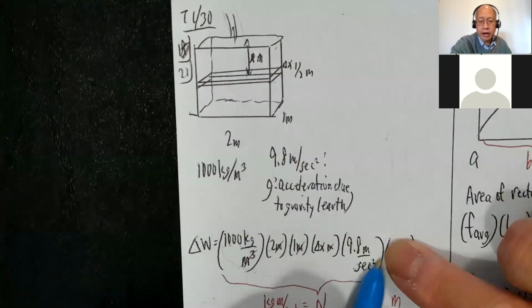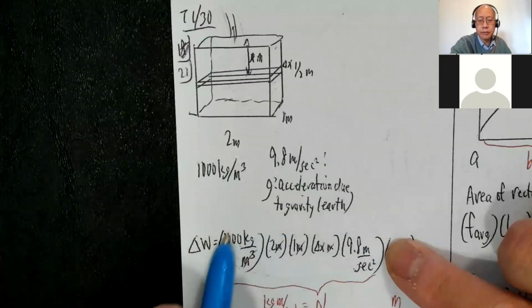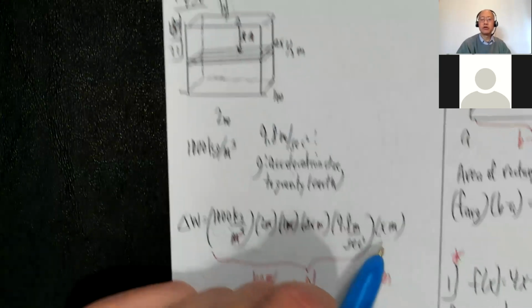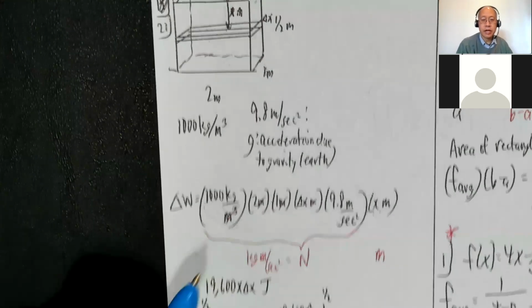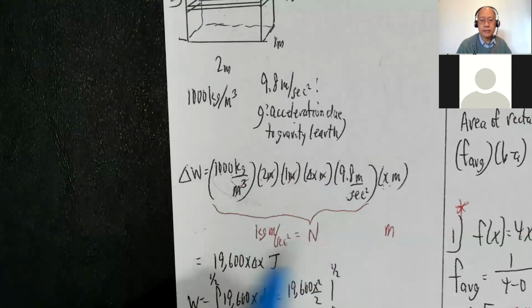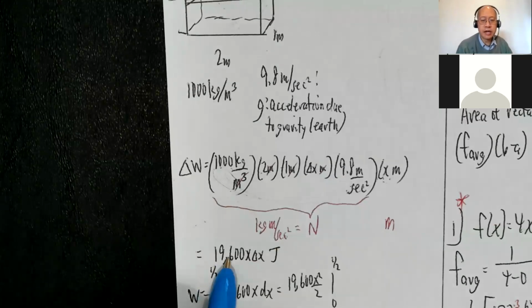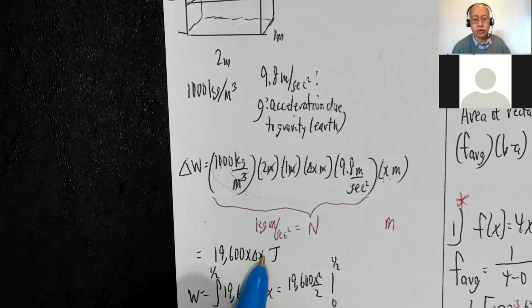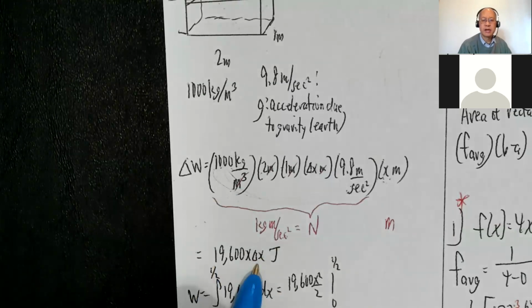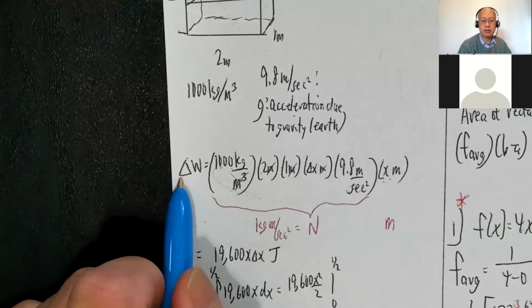And now all of this right here is newtons. Newtons times meters is Newton meters or joules. So I multiplied 1,000 times 2 times 9.8, 19,600 X delta X joules. That's how I set up my delta W.